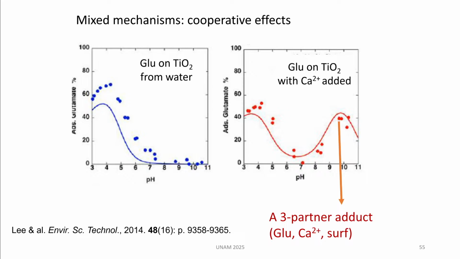So you have a three-partner adduct, and therefore you have an increase in adsorption again. And this was treated quantitatively. They wrote the chemical reactions, they wrote the equilibrium constants, and they were able indeed to justify, you see, that's the theoretical fit here. It fits quite well with their data.